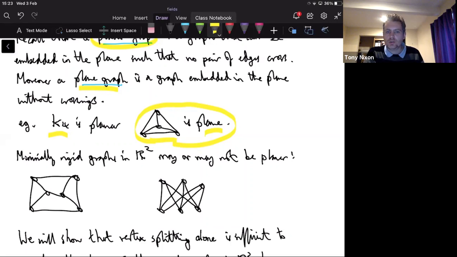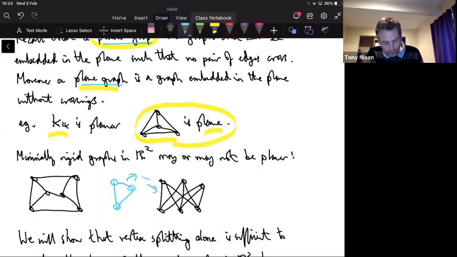So if I just give you 0 and 1 extensions, then it's possible I start with a planar graph like this one. And remember in lecture 3 or 4, I did a sequence of 0 and 1 extensions that got me to K33, which is non-planar. So if you want to be careful to maintain planarity and stay within this nice family, then you need to think a bit harder.